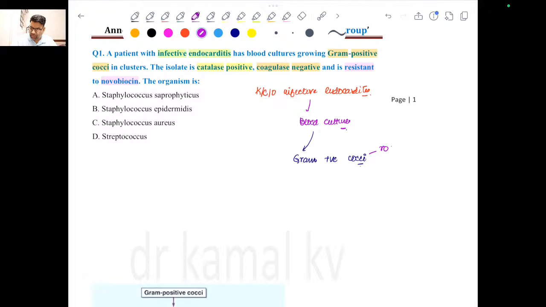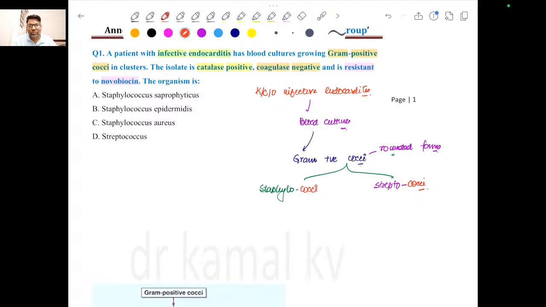Now we know that cocci means rounded forms. Now when we say rounded form, again we have two types of cocci. One is staphylococci, and the second one is streptococci. Clear? So it can be staphylococci or it can be streptococci.